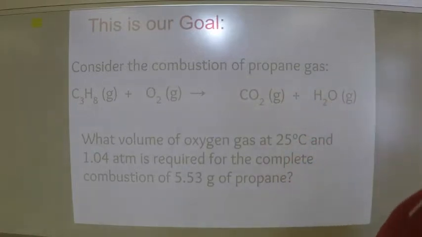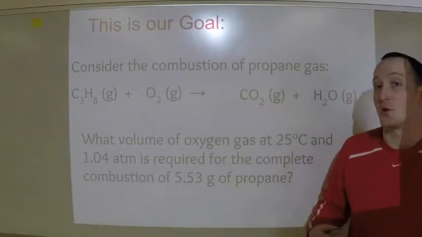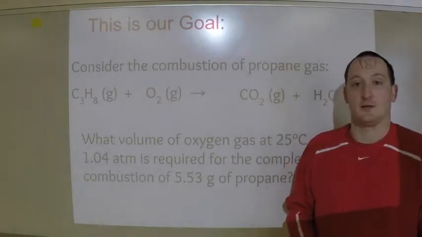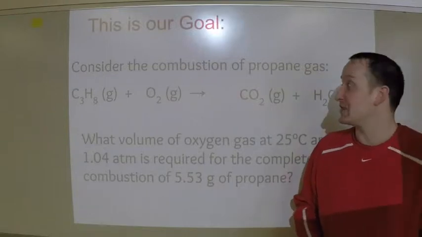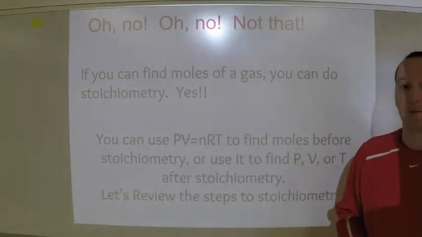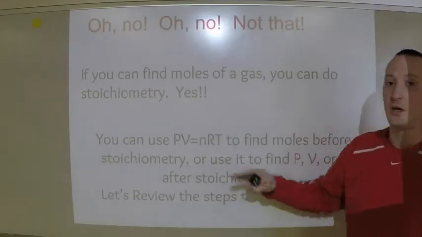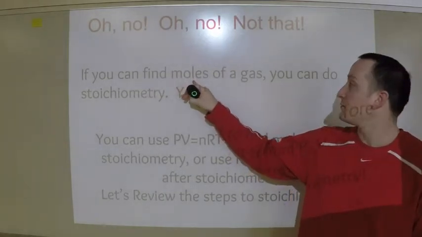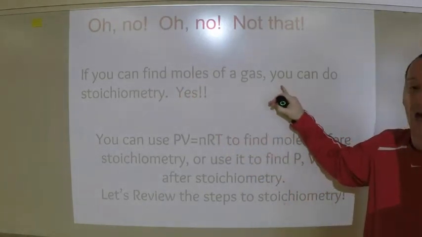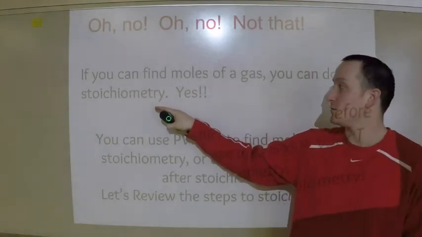I've been saying the word stoichiometry two or three times so far in this lesson. We are going to be doing stoichiometry again. Anytime you can find moles of something, specifically of a gas, then yes, you can do stoichiometry.